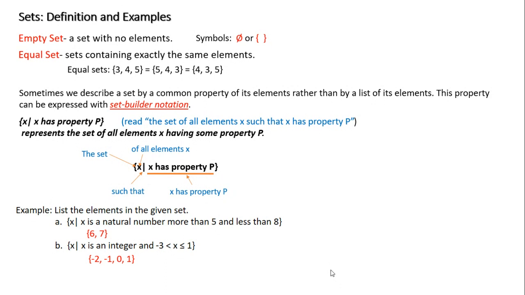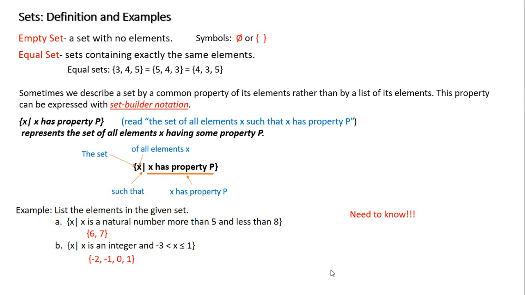The numbers greater than -3 are -2, -1, 0, and on. The numbers less than or equal to 1 will be 1, 0, and so on. So the only numbers in our set here are -2, -1, 0, and 1. So for set builder notation, you'll be asked to give sets in this form, so you need to know it.